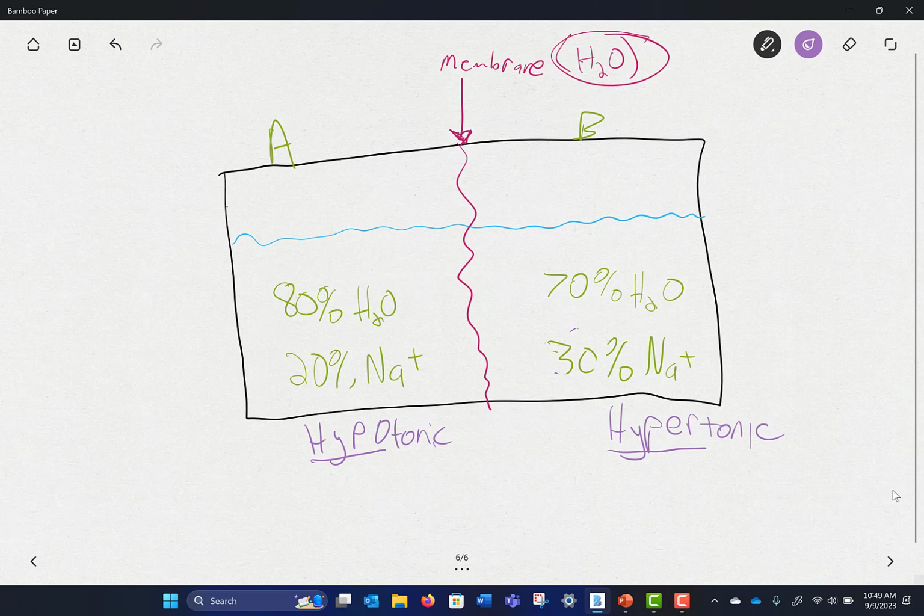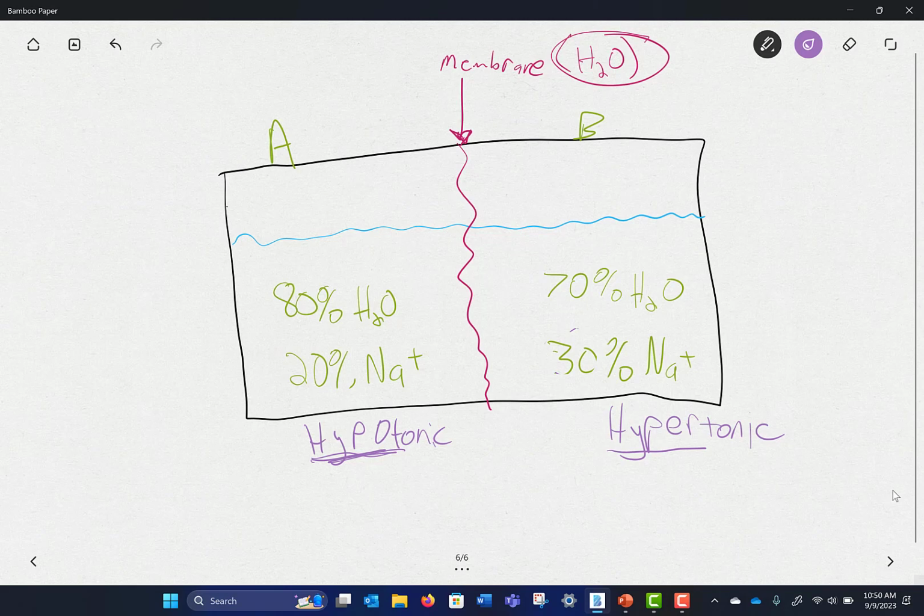Hyper has more. Hypotonic. Hypo is a word that means below, less than, under. A hypodermic needle goes under your skin. So now we have a solution that is hypotonic to the other solution, a solution that is hypertonic to the other solution.